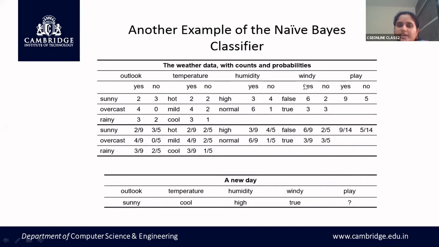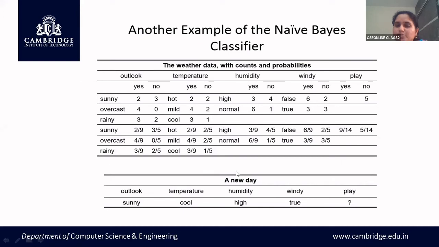So 11 by 9. Tell me the answer in decimals. What is the answer for 11 by 9? It would be 1.22. That is your prior probability.